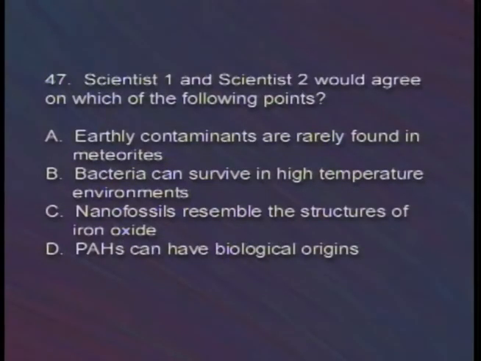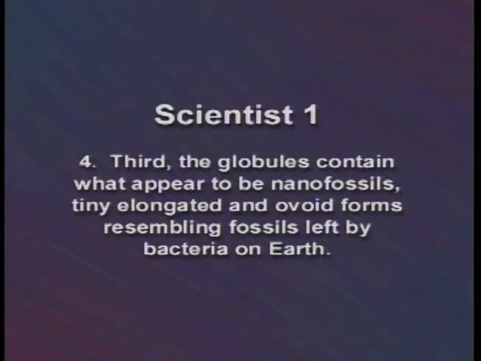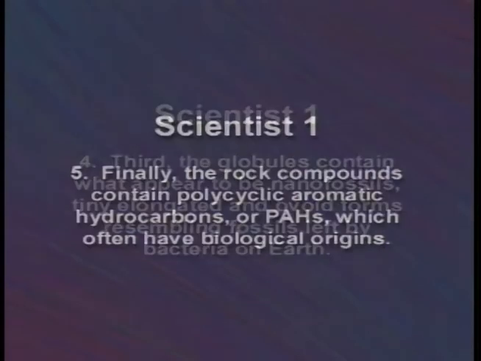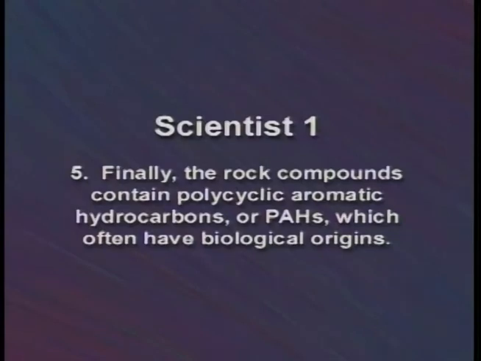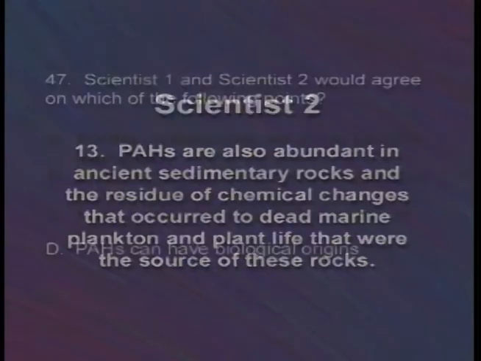Scientist 2 would agree with option C, but Scientist 1 wouldn't. Scientist 1 argues that the nanofossils are evidence of life, not just mineral deposits. Both scientists agree with option D. PAHs have biological origins and are found in earthly bacteria. The correct answer is D.